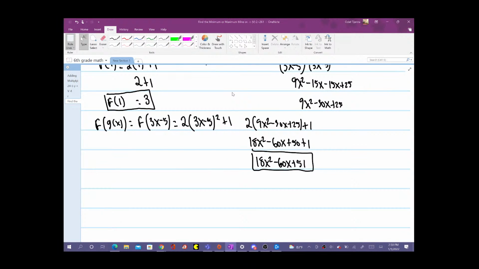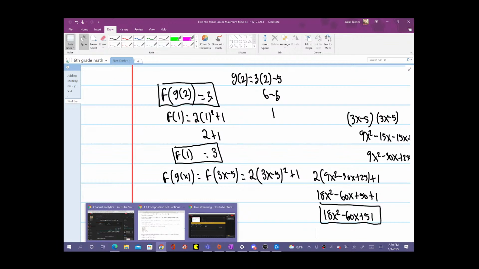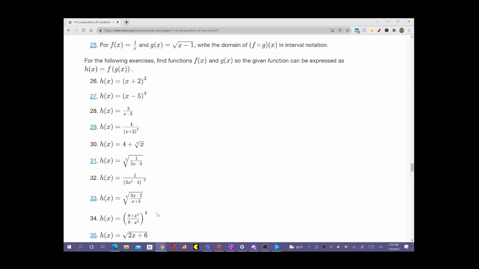So, that's how you do this one, for f of g of x. I'm not going to necessarily get through everything, but I will try to do as many as I can.